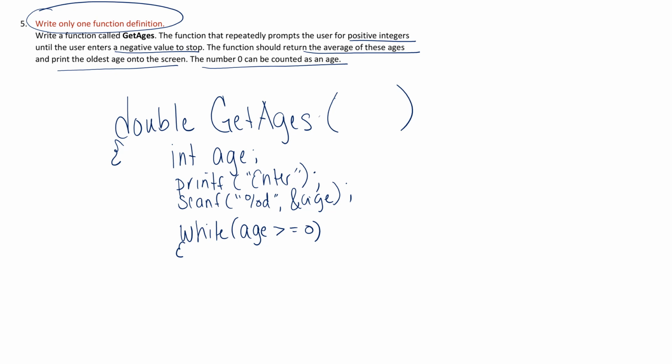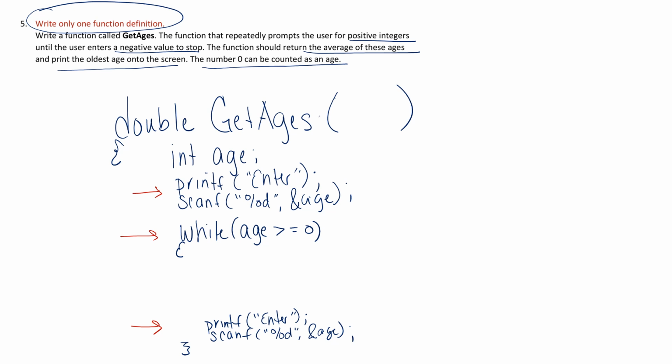So I'm going to run out of space here again, but I'm going to have to printf and get another age inside of my while loop. All right, so this is the initialization for my loop, this is the test for my loop, and this is the update.